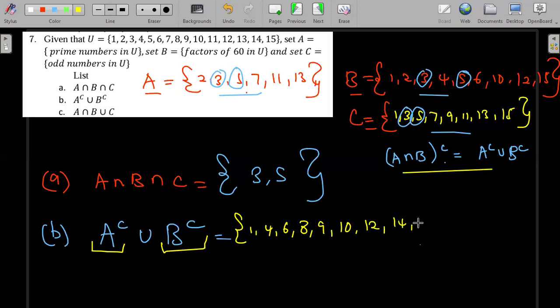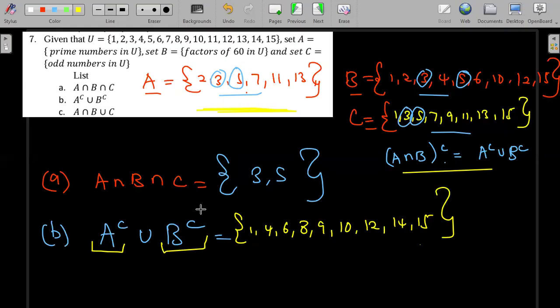So I have 14 and then 15. This is my A complement. What you should note is that if you combine the complement with the set, it should give you back the universal set.